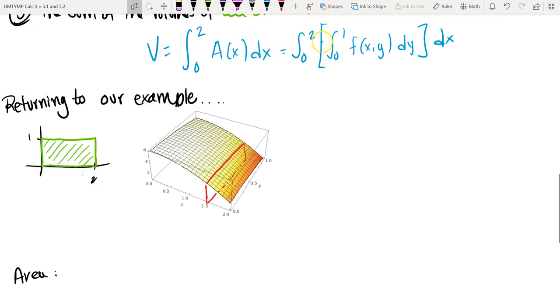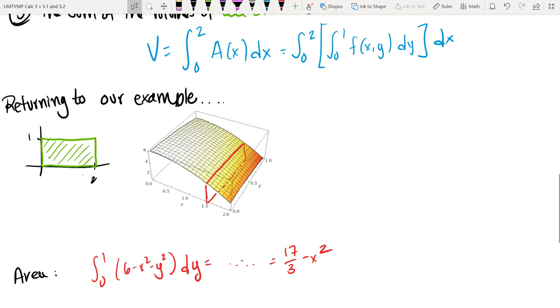The area was the integral from 0 to 1 of 6 minus x squared minus y squared dy. I'm going to let you crank that down. What I got was 17/3 minus x squared.